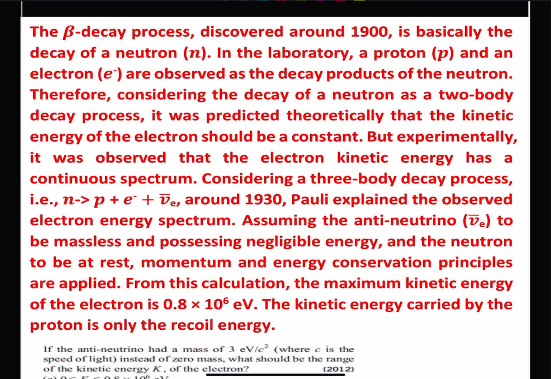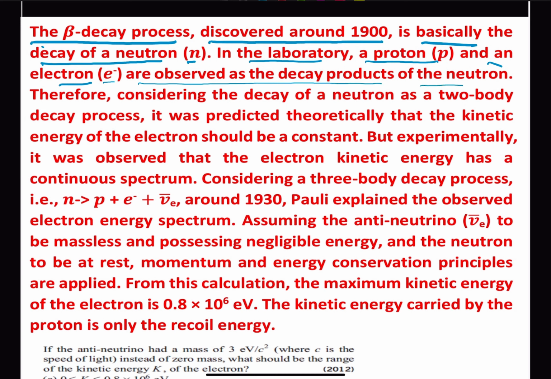It states that the beta decay process discovered around 1900 is basically the decay of neutron N. In the laboratory, a proton P and electron E minus are observed as a decay product of the neutron. Therefore, considering the decay of a neutron as a two-body decay process, it was predicted theoretically that the kinetic energy of the electron should be a constant.